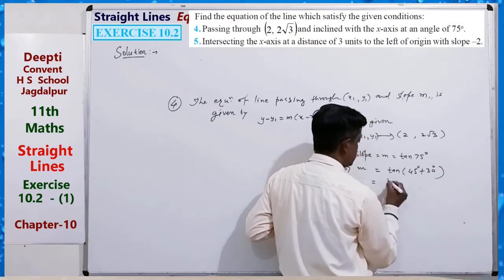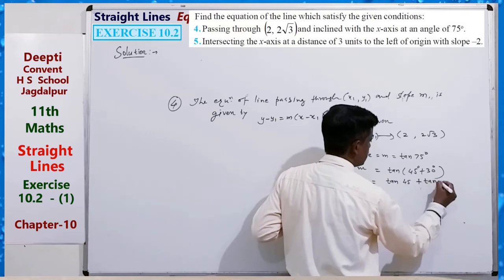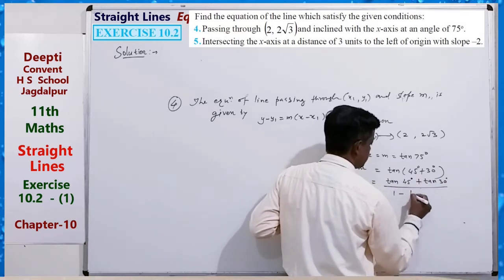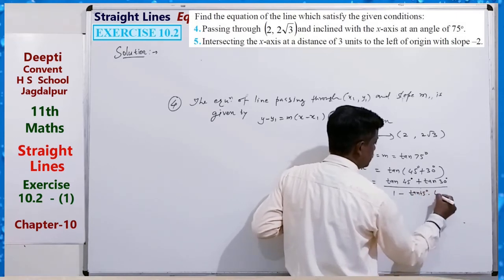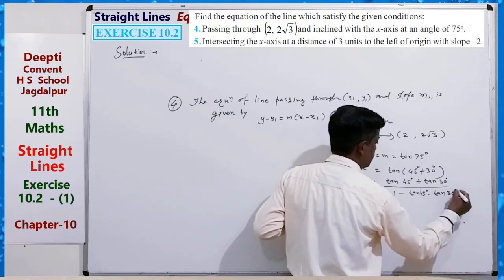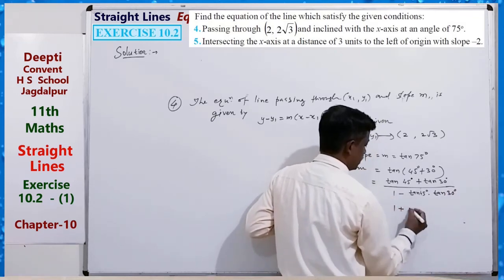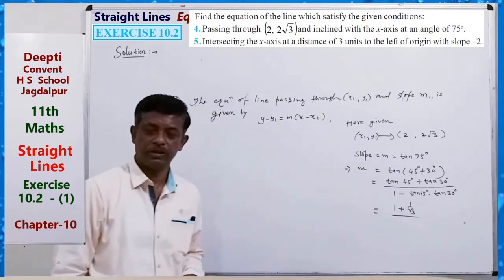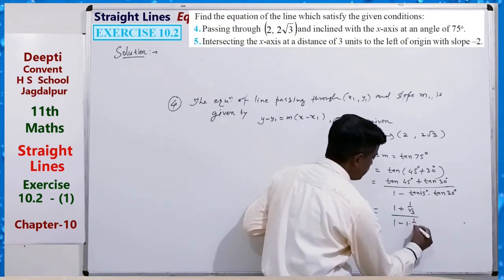So tan(a plus b) equals tan a plus tan b upon 1 minus tan a tan b, which means tan 45 plus tan 30 degrees. So 1 plus tan 30, which is 1 by root 3, and 1 minus 1 into 1 by root 3.